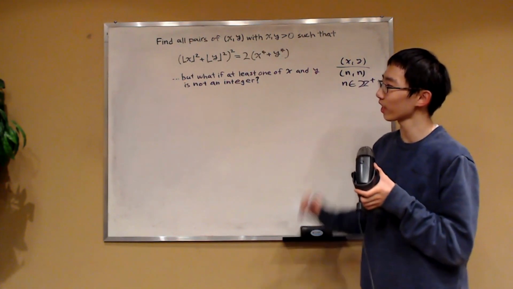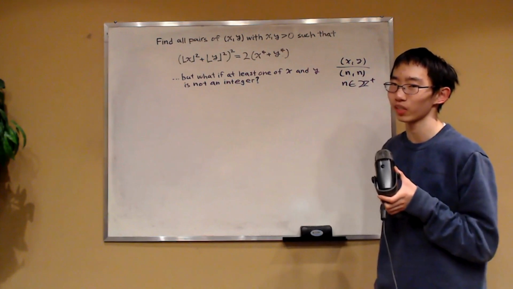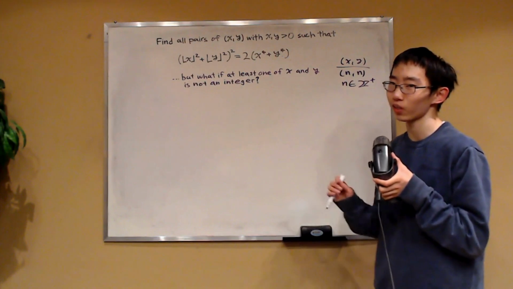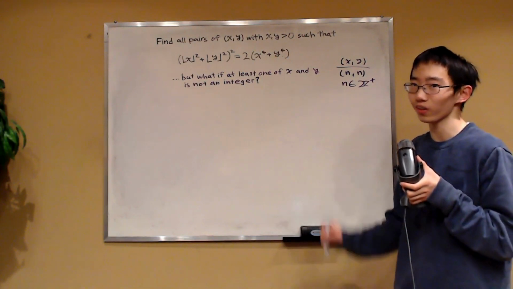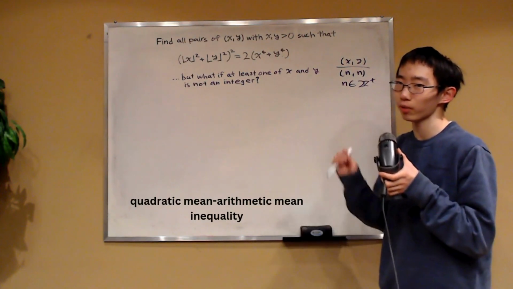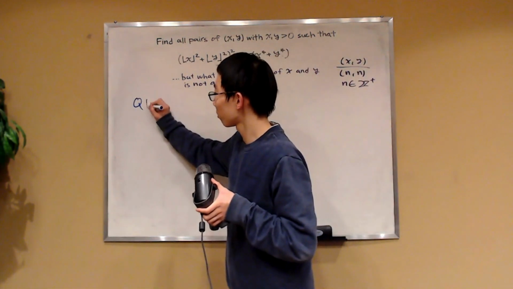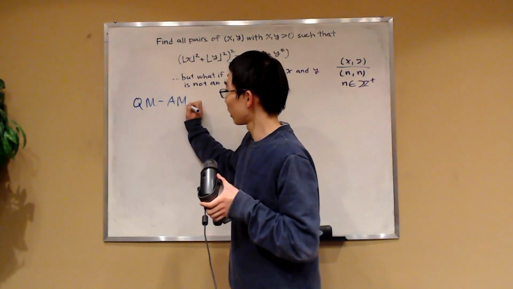Well, we can actually use a very famous inequality that is super helpful in relating expressions with square terms. And this inequality is the quadratic mean arithmetic mean inequality. This is abbreviated as the QMAM inequality.